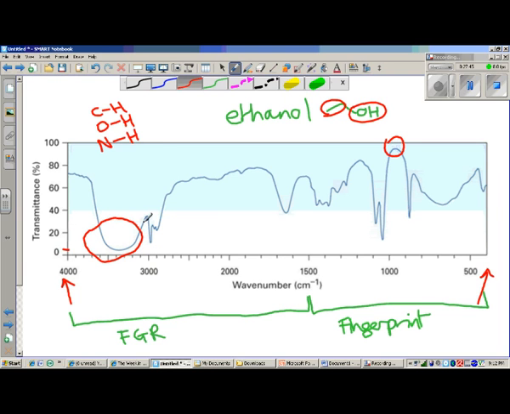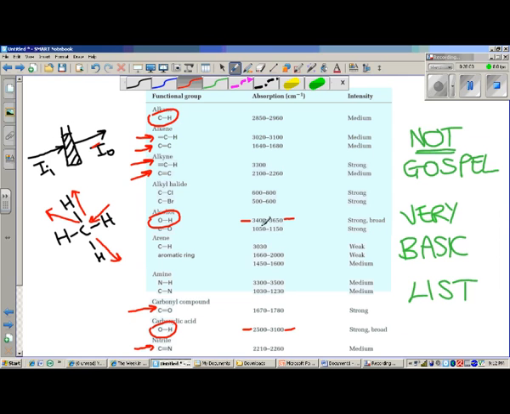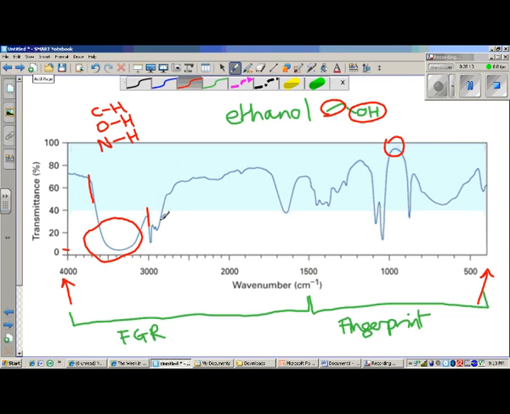It actually starts, I don't know, probably just over 3000 and goes all the way to whatever that is, like 3700 or something. So already we have an absorption that doesn't exactly fit this, but it's in a general area. And notice there's nothing else that this could possibly be due to that's strong and broad. So this tells you you have an OH group.